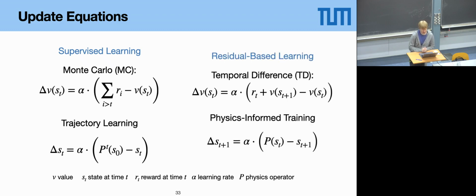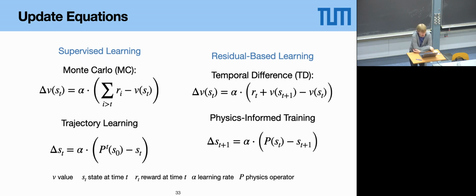And in contrast to that, you have the residual-based methods where, for instance, in temporal difference learning for value estimation, you do that with the Bellman equation. Again, that's the consistency equation values have to fulfill in order to make sense. What's special is that in the loss, or in the update equation, you have the predictions appearing twice.